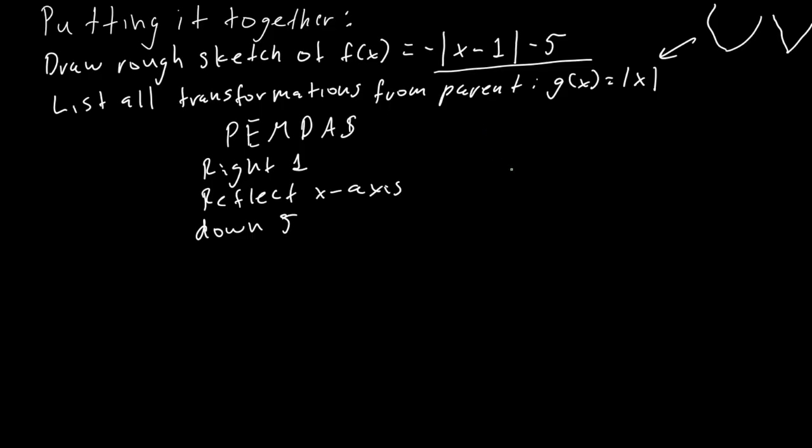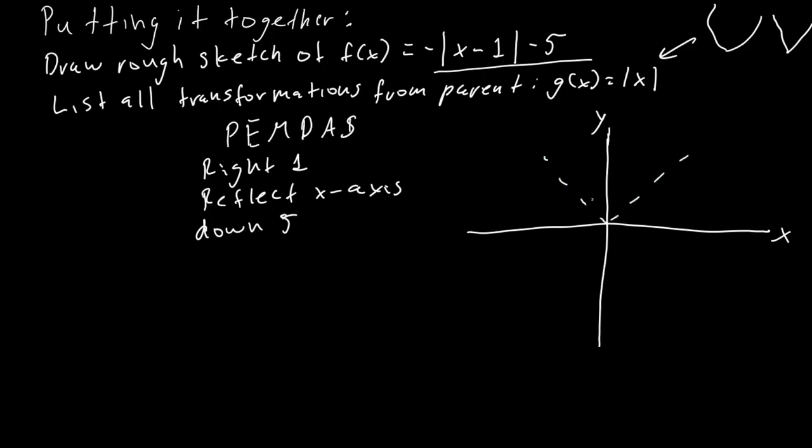So for graphing this, you should know your parent function. What does absolute value of x look like? This is y, x, and then draw this in a dotted line so we can see that. And then we apply the transformations we just listed.